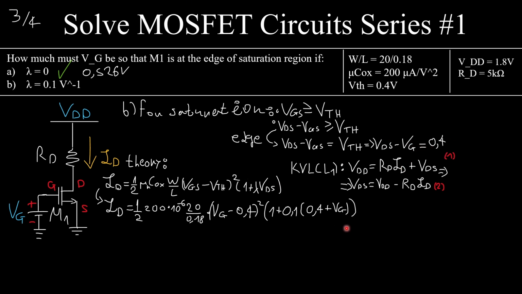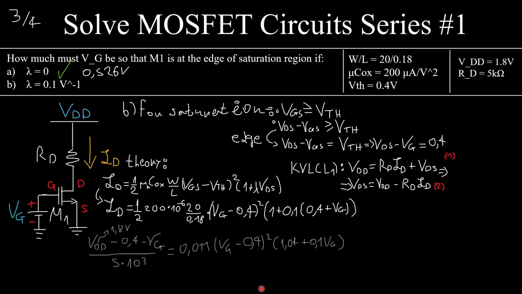It's going to be nothing but 0.4 plus VG. 0.1 is the lambda. Again, I replace the same values from before. And again, like before, I go from here and here and replace the values over here for the ID. These are the exact same as before, exact same analysis.